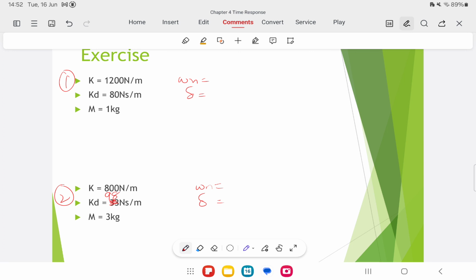Kenapa ramai tak datang ni? Akhir pergi mana Aidil? Haikal? Tun Haikal? Wan belum sign.